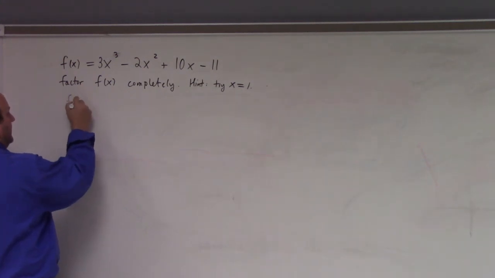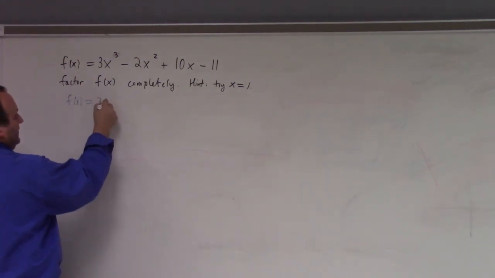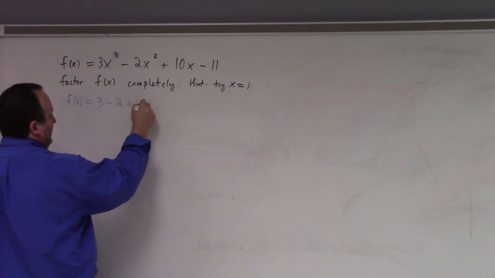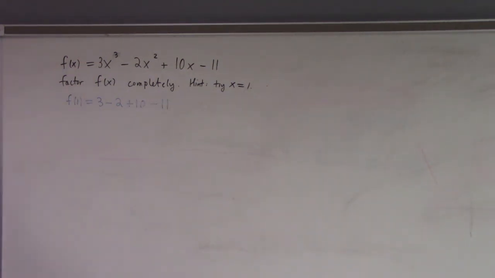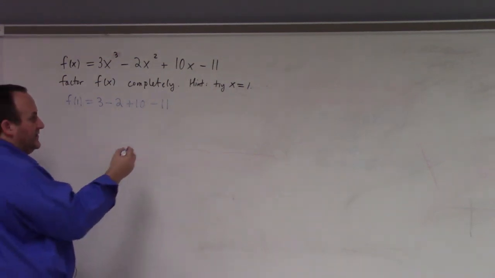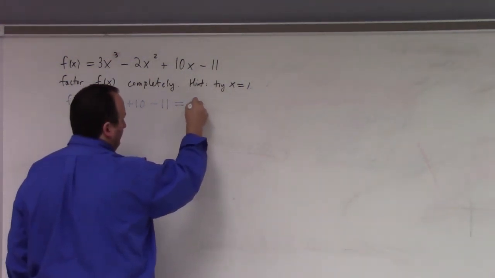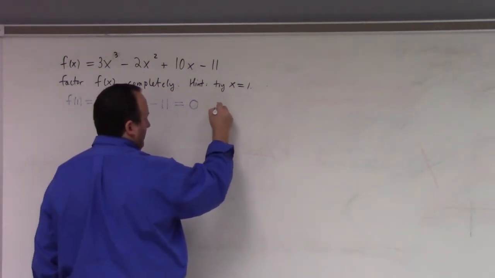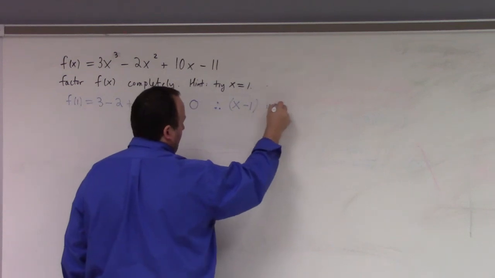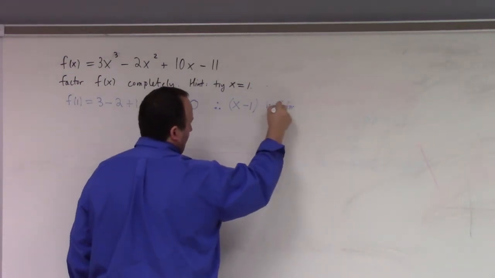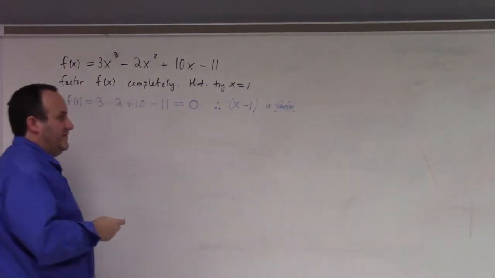Let's see here, f of 1 is 3 minus 2 plus 10 minus 11, which is 13 minus 13. That's 0. What does this mean? Therefore, x minus 1 is a factor of f of x.